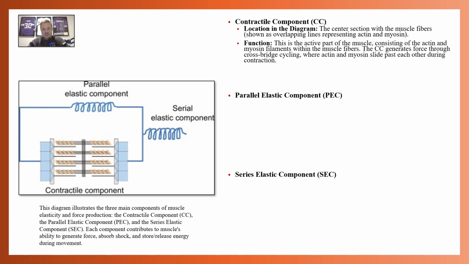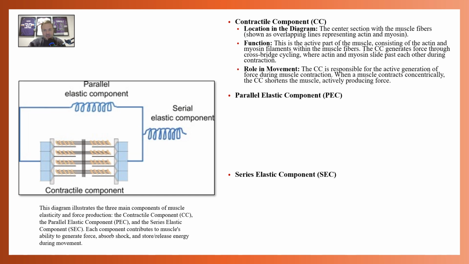The CC's function is the active part of the muscle consisting of the actin and myosin filaments within the muscle fibers. The contractile component generates force through cross-bridging cycles where actin and myosin slide past each other during contraction. We understand that. The role in movement here is that the contractile component is responsible for the active generation of force during muscle contraction.